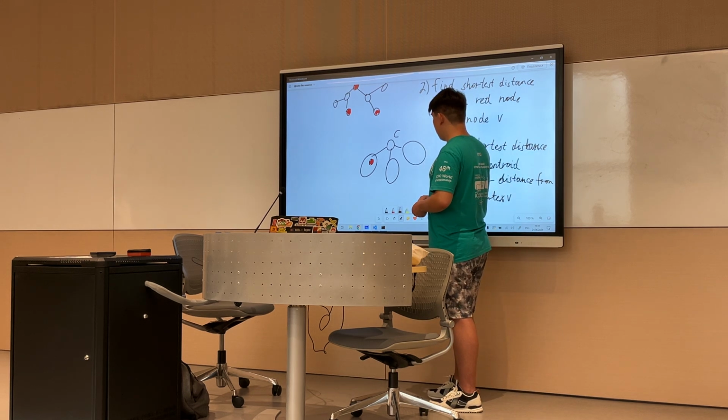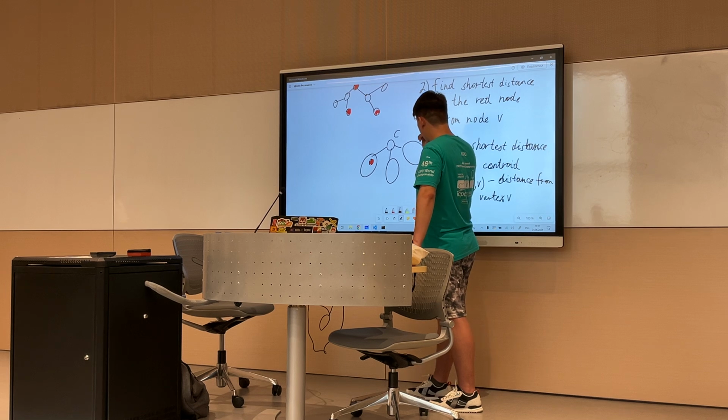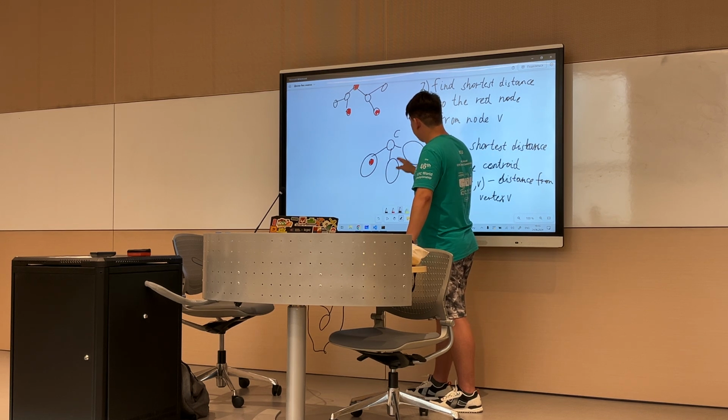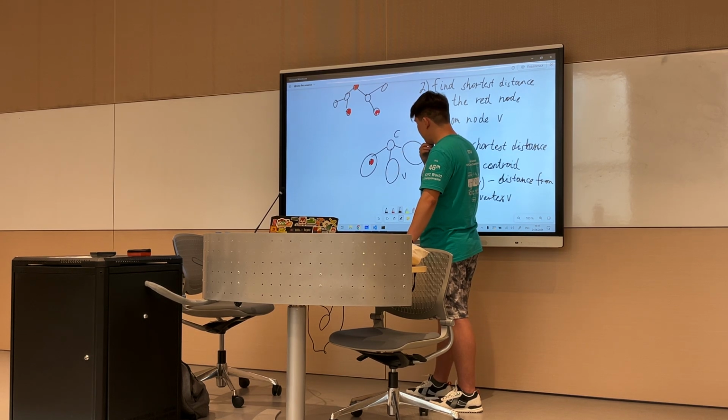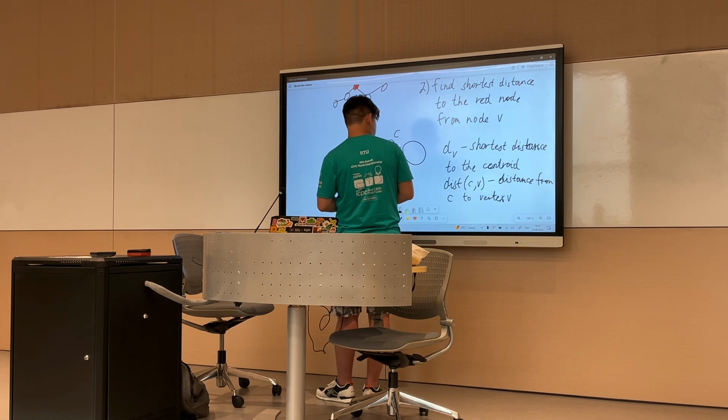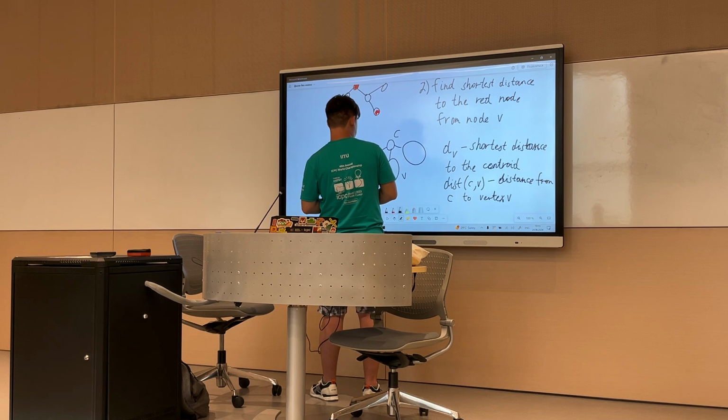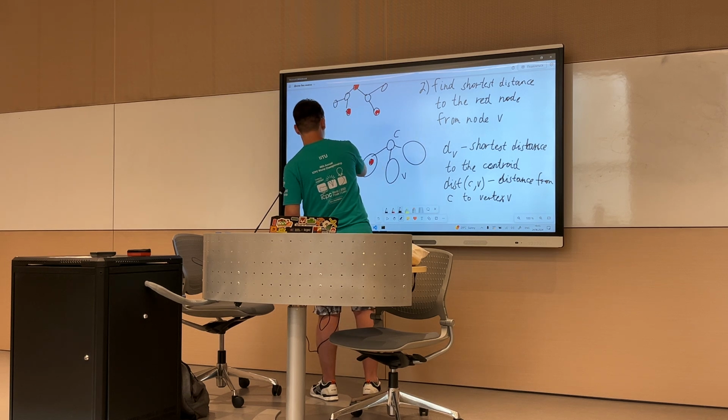And then after we calculate the shortest distance to the red vertex for our centroid, we can say that for every vertex V that lies in that tree, the answer will be at most this.